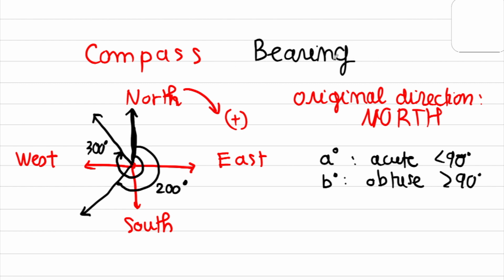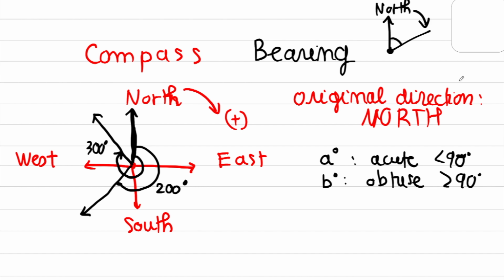Bearing means the angle made from the original direction, north is the original direction, and you turn this direction around the center here to make the angle. So this angle we call bearing, but only by clockwise direction. This means clockwise direction.